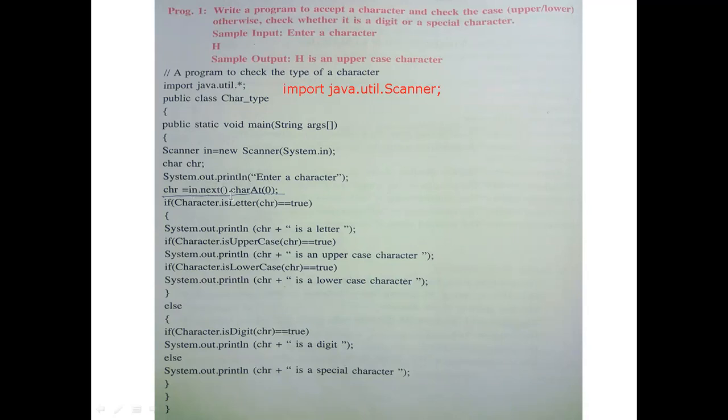But from that word, I want to take only the first character. For that, I use charAt(0). It is very, very important to accept a character. You have to memorize it exactly. In charAt, A is a capital letter. So only I underline this line.